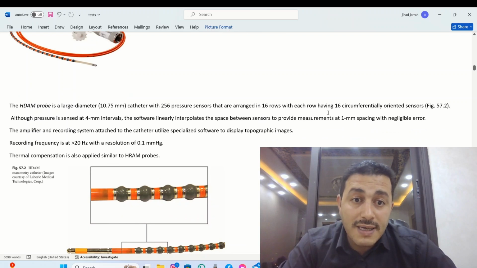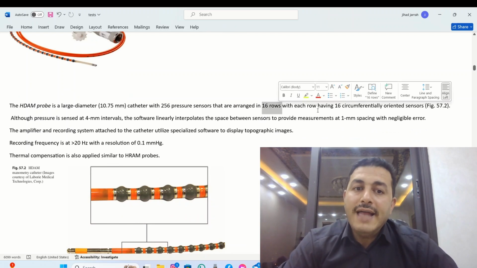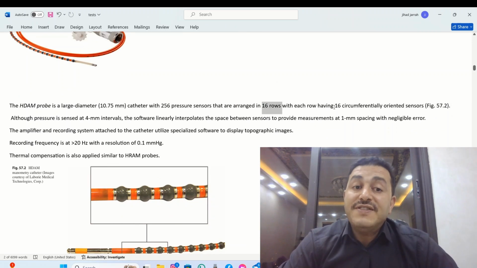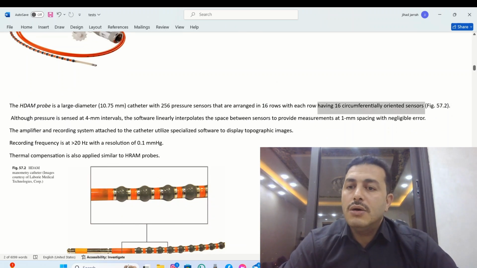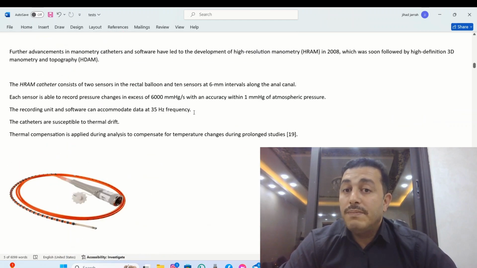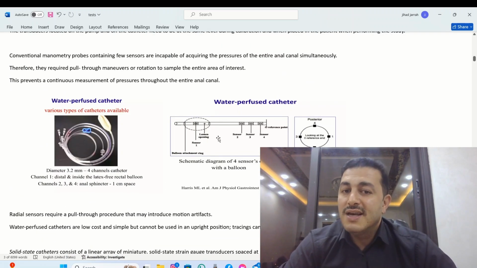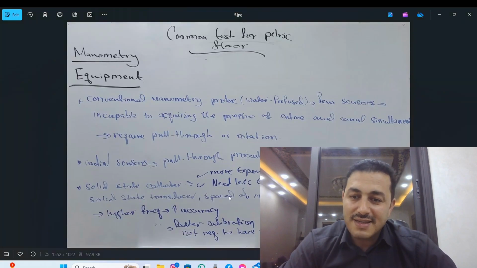You can see we have 16 rows, and each row has 16 circumferentially oriented sensors. So we have up to 256 pressure sensors. Do you imagine what we mean when we say that we have few sensors in the water perfused catheter?